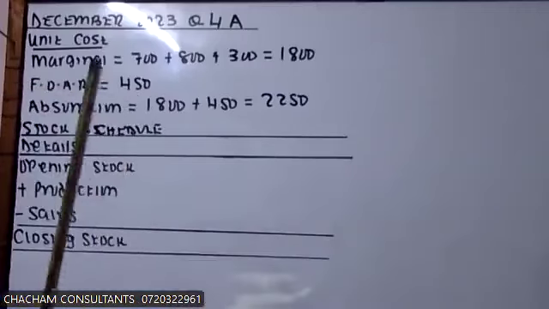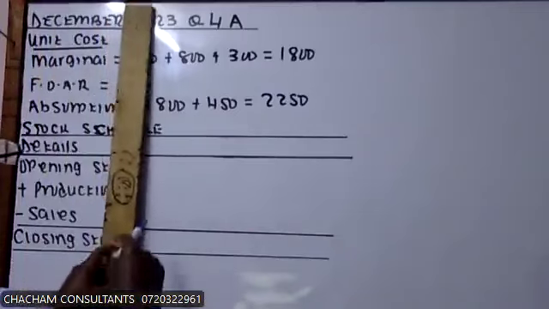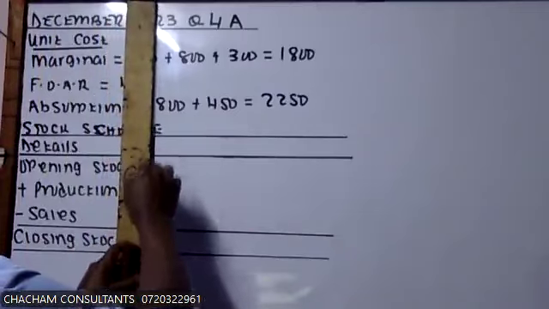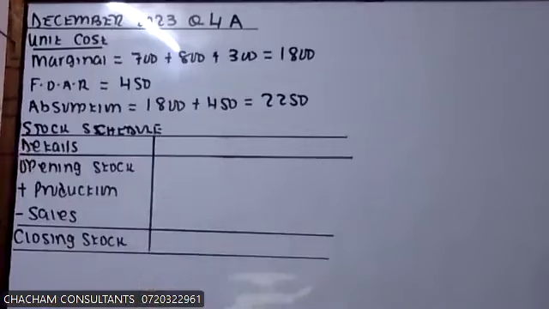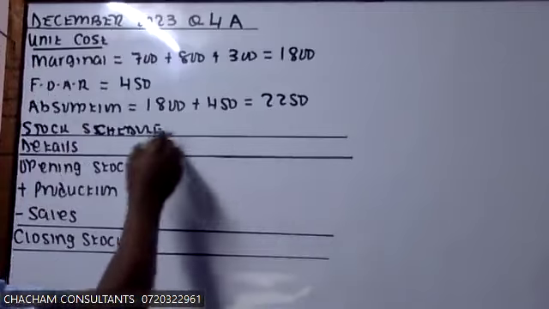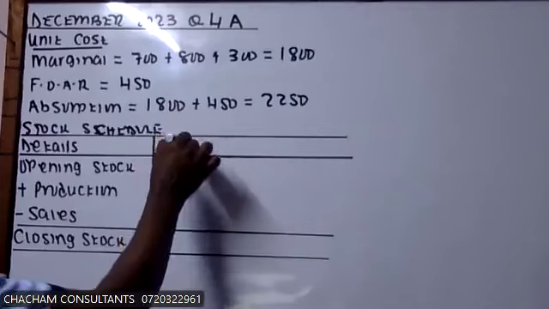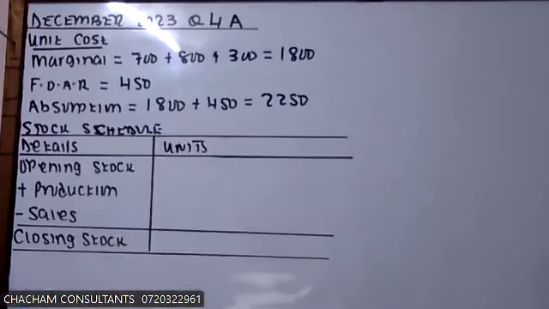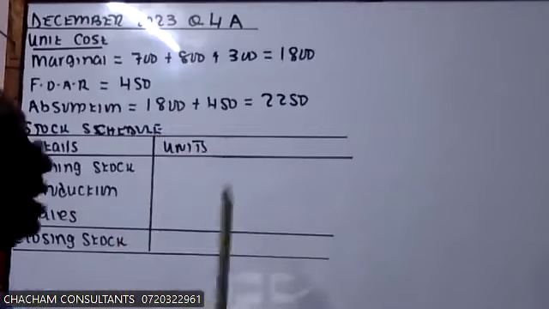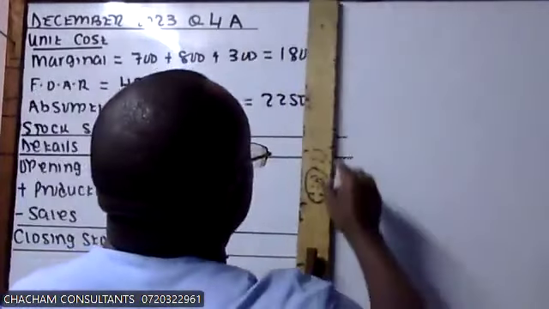That's the format. If you have different periods, because there are times you get a question with different periods, you separate them. But if you just have one period, you just write units.